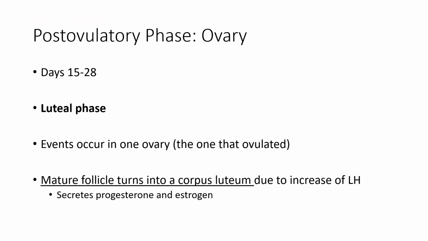Now, after ovulation, we enter the post-ovulatory phase. Remember, post means after. So this is everything up until the next period, as it were. So in the ovary, we call this the luteal phase, and that's because, remember, after ovulation, the only thing that leaves the ovary is the egg, the zona pellucida and the corona radiata that's surrounding it, and some fluid. That's what tends to create the pain as well, irritation of the peritoneal cavity from the fluid.